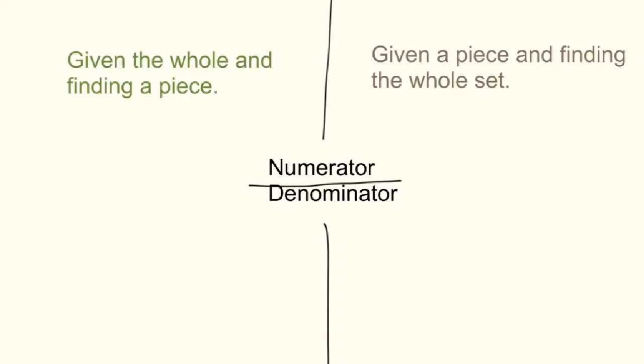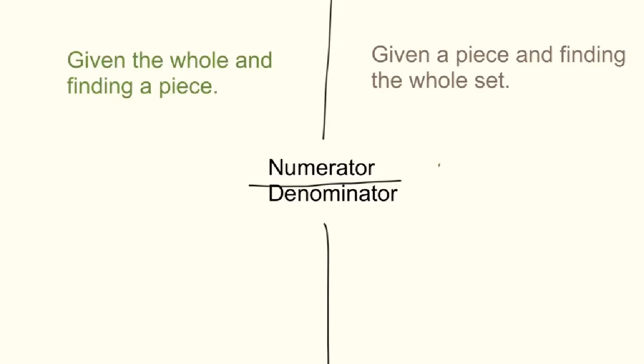When looking at these fraction problems, similar to the book scenario, you are either given information about the entire set, the whole, and you're finding a piece, or you're given information about the piece and you're trying to find the entire set. Our numerator and our denominator are going to give us consistent, specific information about this.